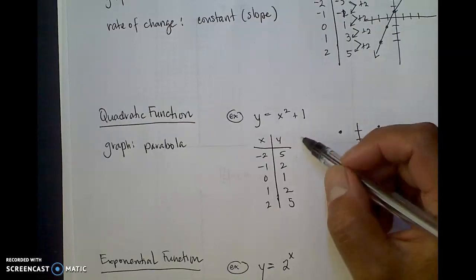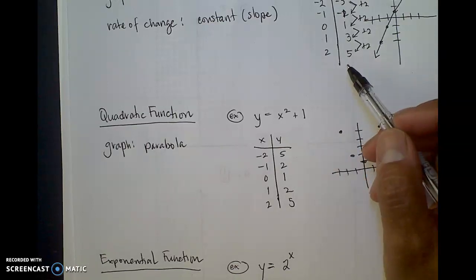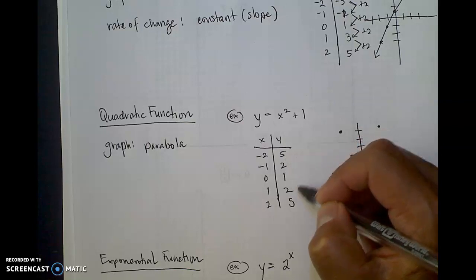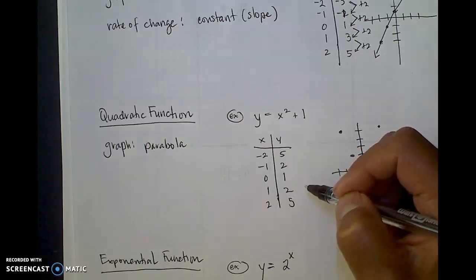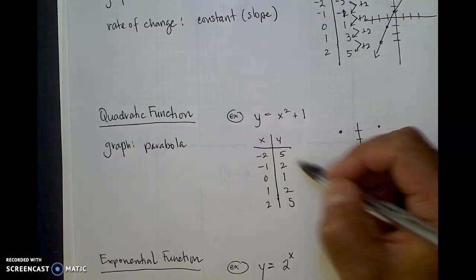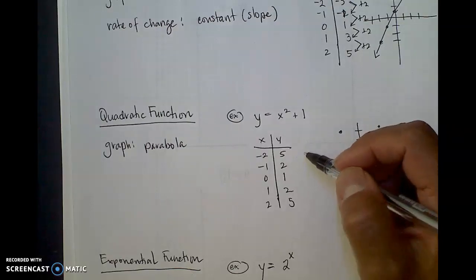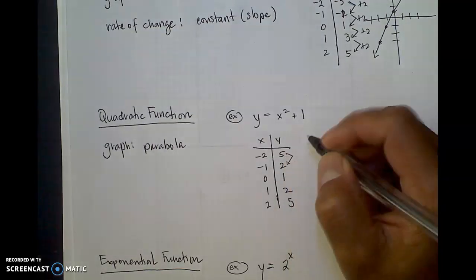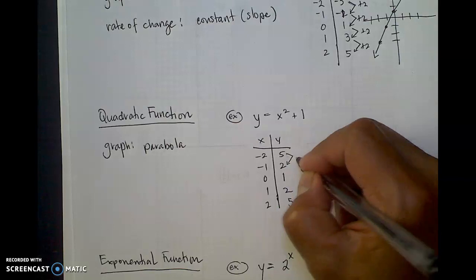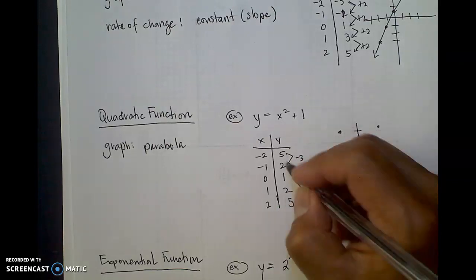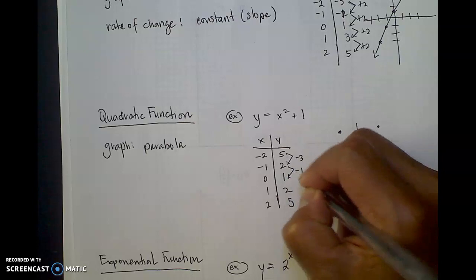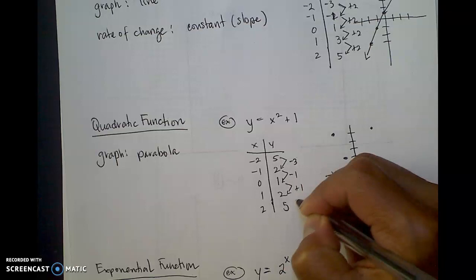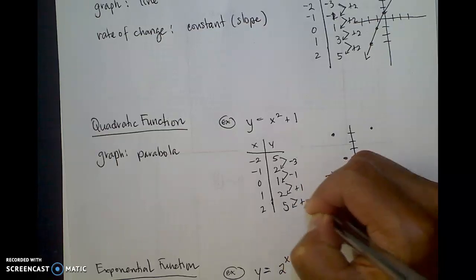Now again, you see, unlike the linear function, we do not have a constant difference or common difference as we go from one output to the next. As we go from 5 to 2, we have a difference of 3. From 2 to 1, a difference of 1. We go from 1 to 2, add 1. From 2 to 3, it's add 3.